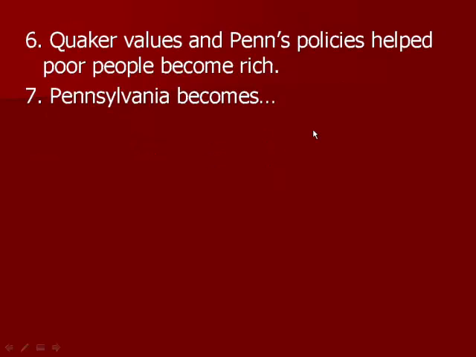Pennsylvania is very diverse. Quaker values and Penn's policies helped poor people become very rich, and if more people are becoming rich in Pennsylvania, that means that more people are going to want to come to Pennsylvania to live. And if that's the case, then they're going to have more people in that colony, and if they have more people in that colony, that means Pennsylvania is going to become very wealthy. So Pennsylvania in the middle colonies, very successful, very diverse.